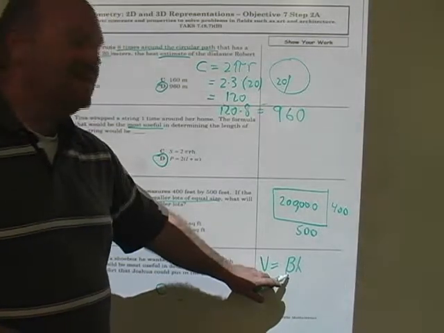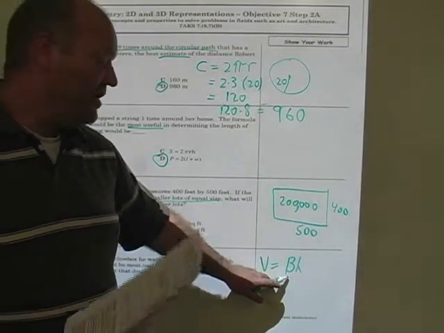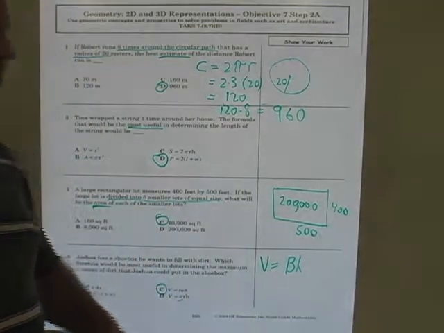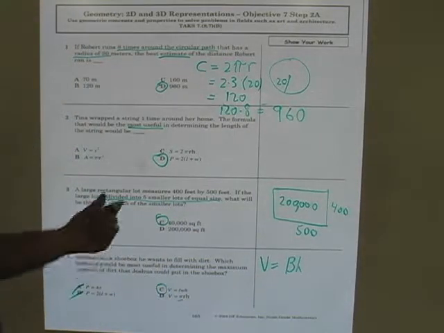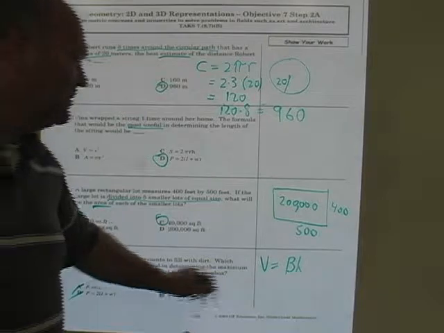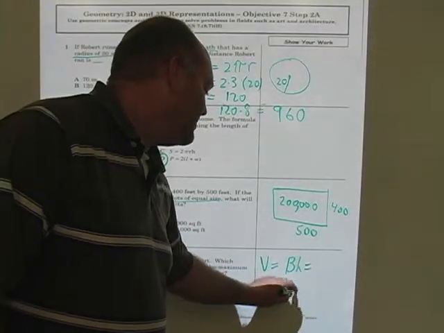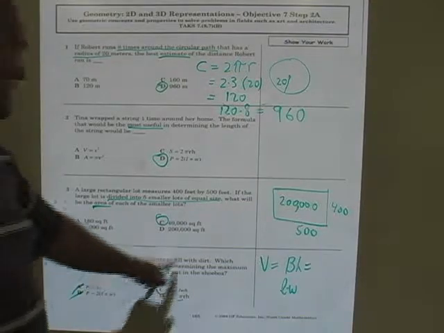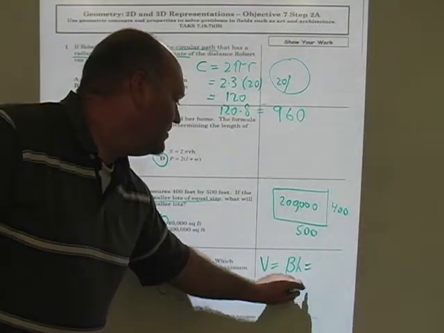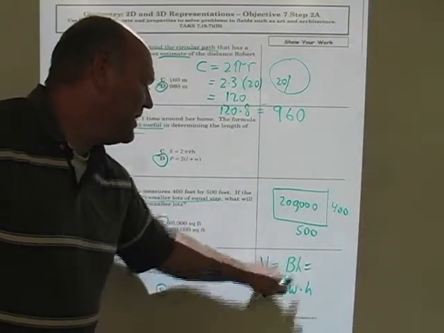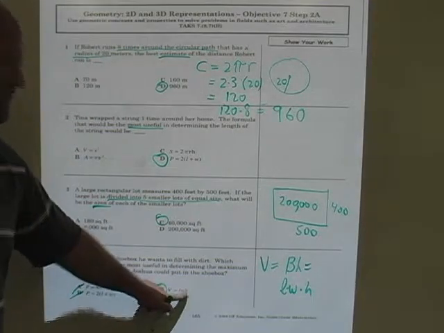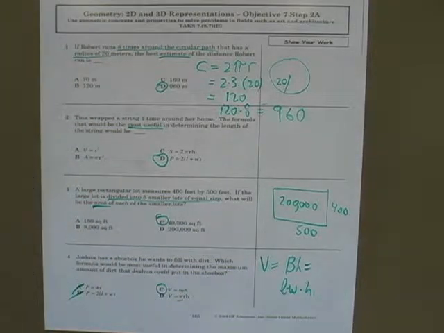That would give you the area of the base. So what is the area of a rectangle? Well, it's length times width, and then times height. You take that times height, and that's what our formula says. So that's where the BH comes from on your tax formula chart.